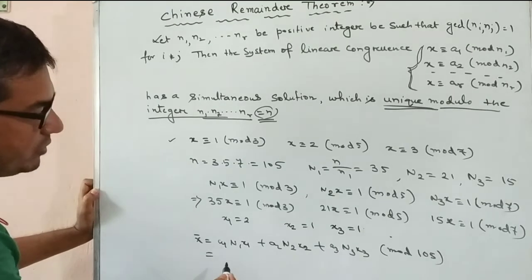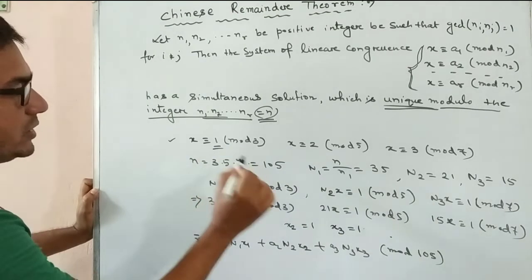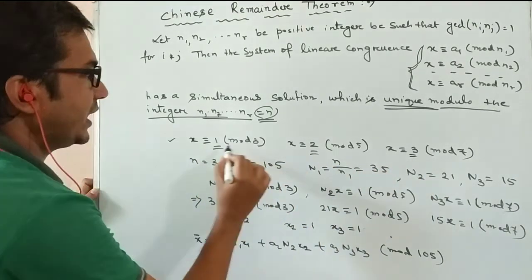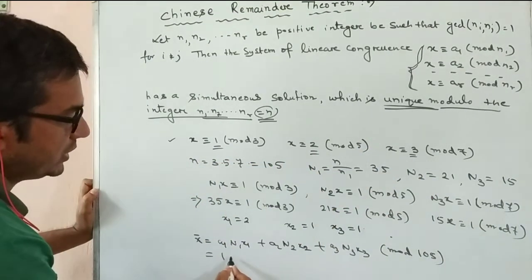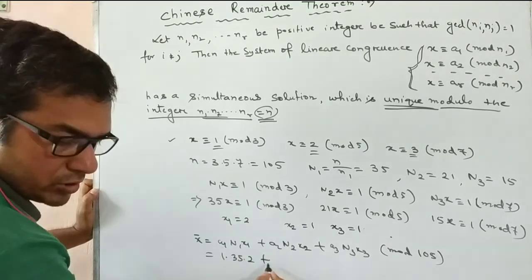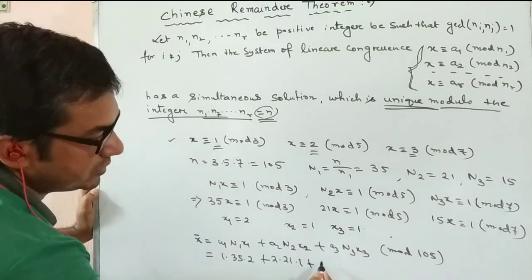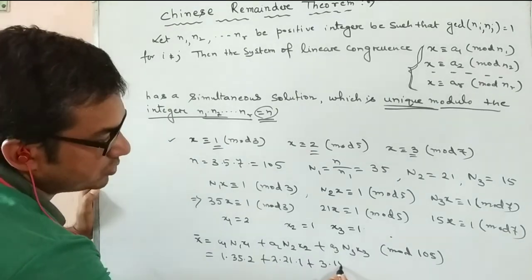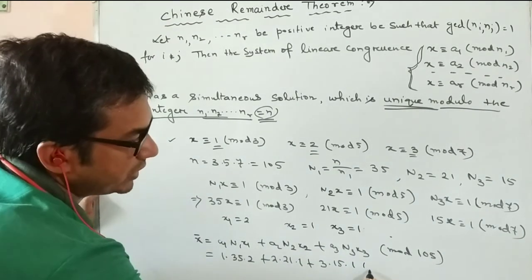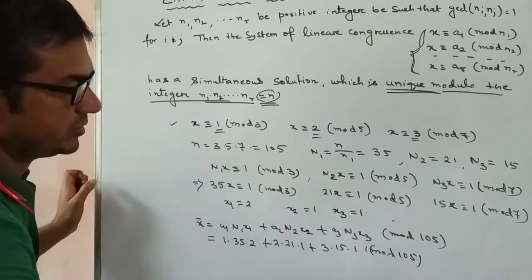Putting the values of a_1, a_2, a_3, that is 1, 2, 3, we get 1 into 35 into 2, plus 2 into 21 into 1, plus 3 into 15 into 1, mod 105.